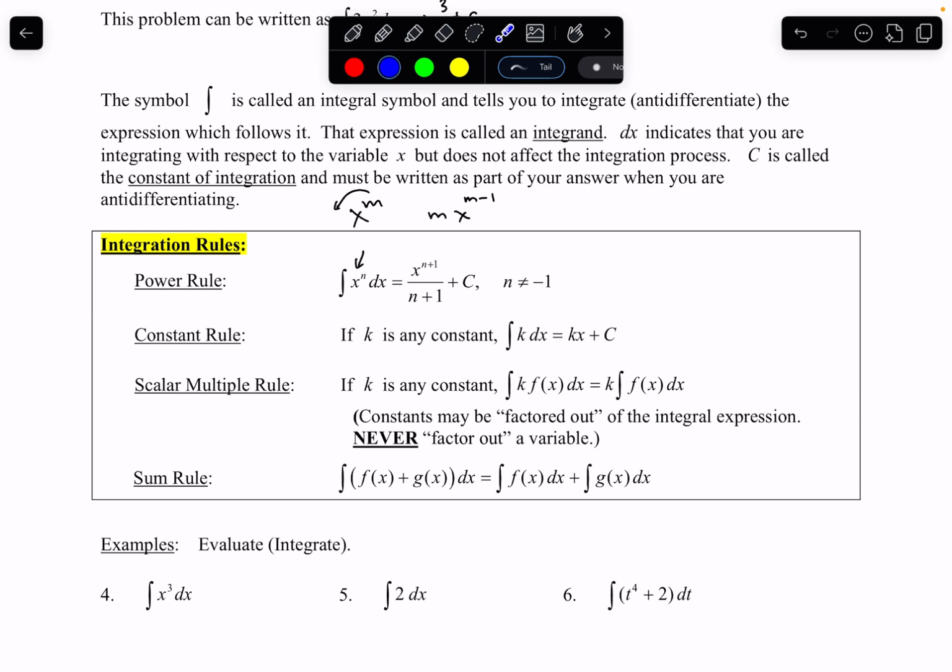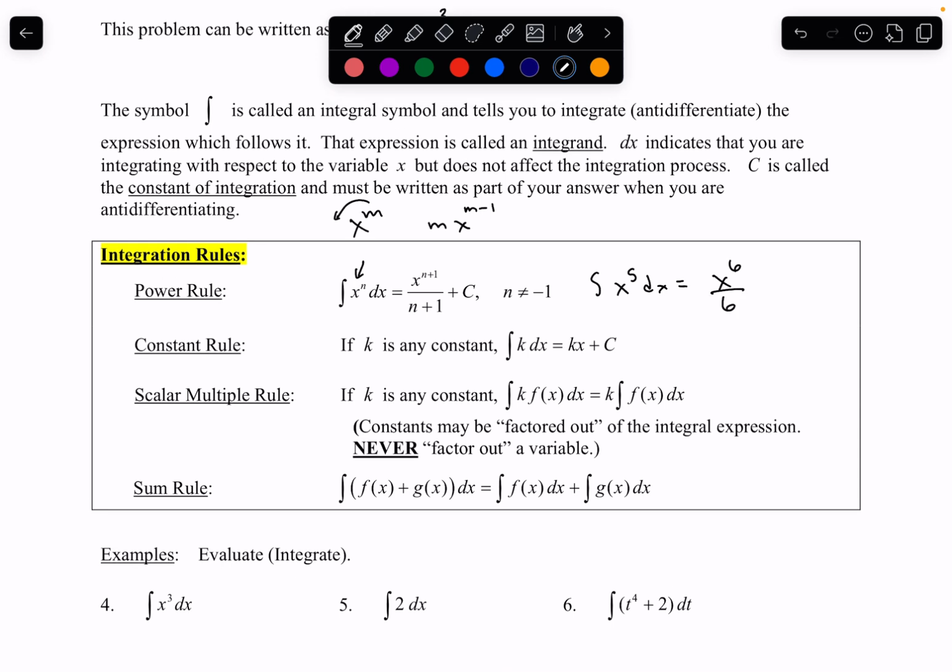I add 1 and divide. I go backwards. So for example, the integral of x to the 5th power dx would equal, I take the 5 and I add 1 to it, and then I divide by that new exponent. So I could divide by 6, or I could write it as 1 over 6 x to the 6th. So you go up by 1, divide by the new number.